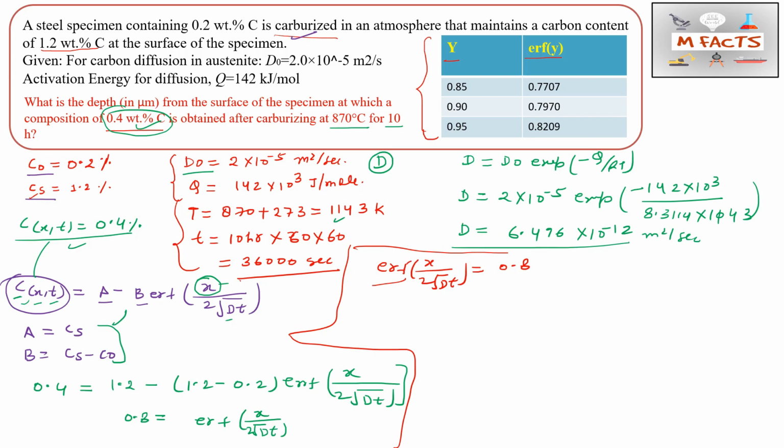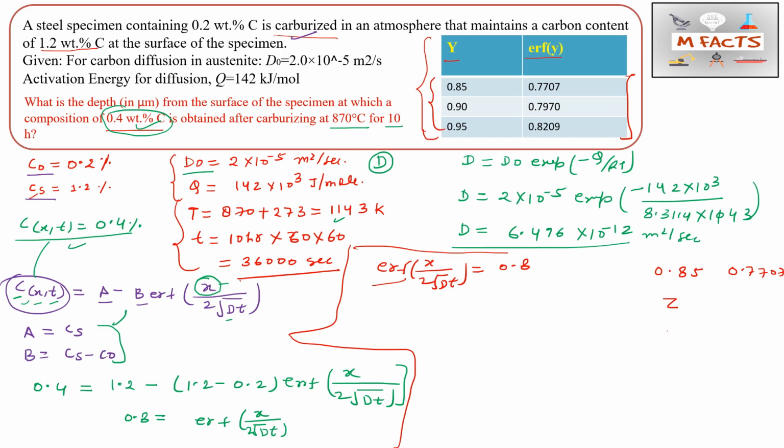For removing this erf, we need to solve the equation using the given data in the tables. For finding the value here, we need to do linear interpolation using this Gaussian function. So how can we do that? These are the values; I will write them once again: 0.85, 0.7707, and one more value, 0.9.